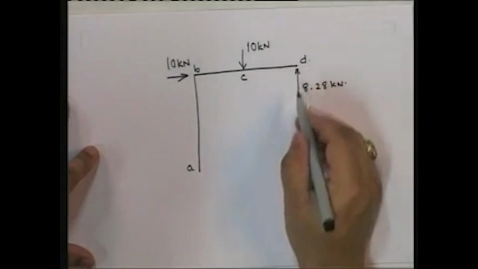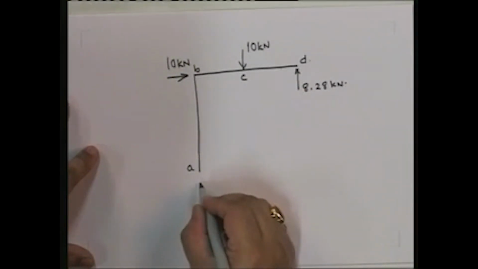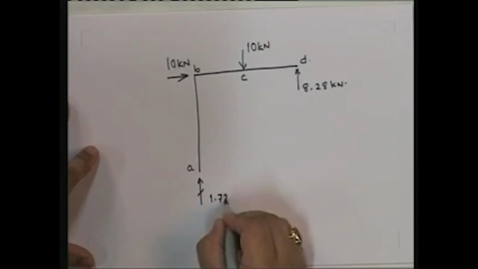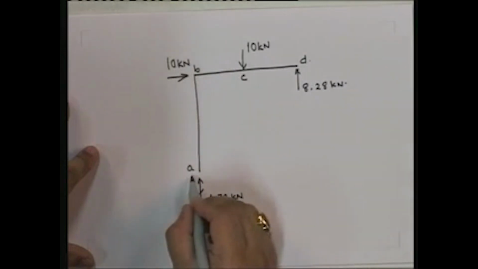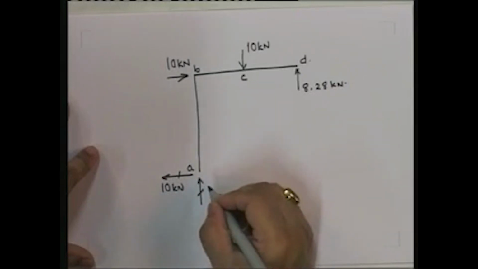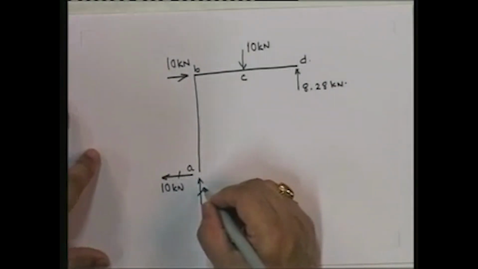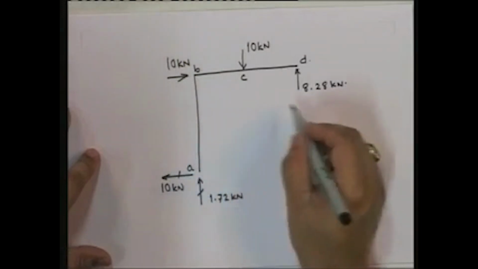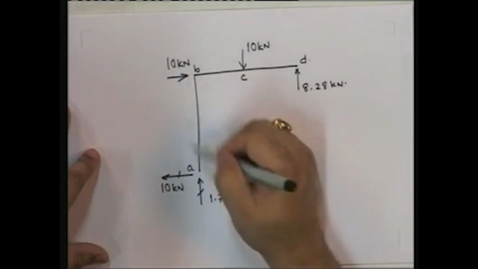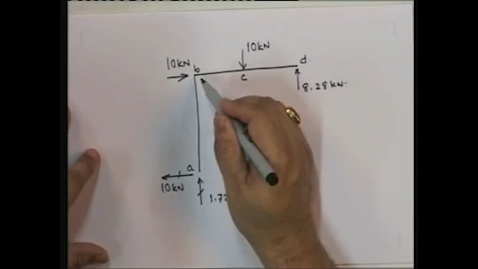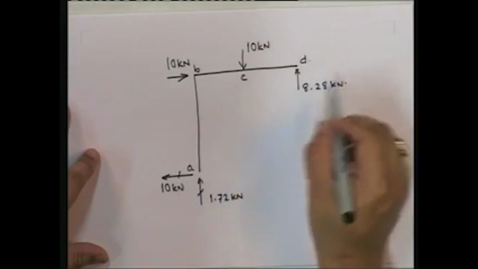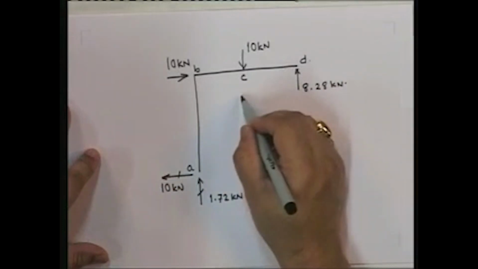Now once I know this, I can actually find out the reactions at this point. This reaction is going to be 1.72 kilonewtons. This is going to remain 10 kilonewtons, and what I get is that if I find out that the moment over here is 10 into 5 plus 2.5 into 10, that's 75, minus 8.28 into 5.